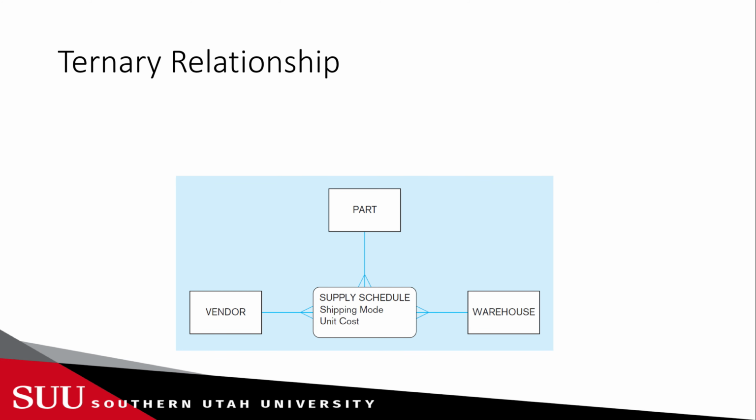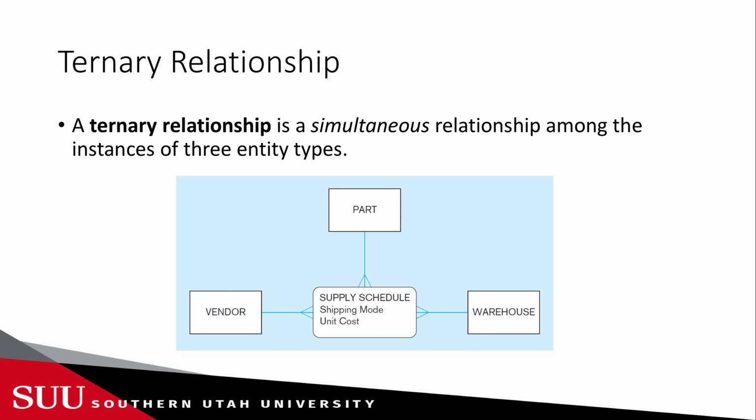Now, a ternary relationship is a relationship that is simultaneous among the instances of three entity types. Now, I know that we have what looks like 4 entities in this case, but this is what we call an associative entity, which we'll cover later on. Now, this is exactly like this.